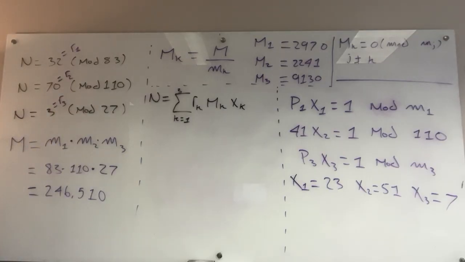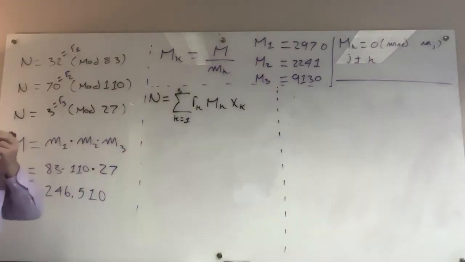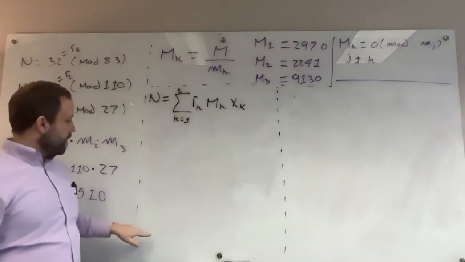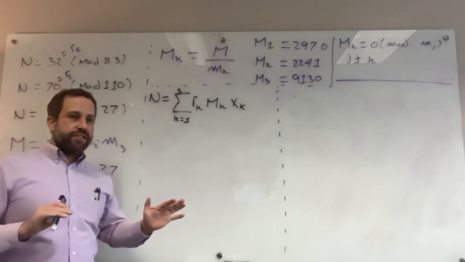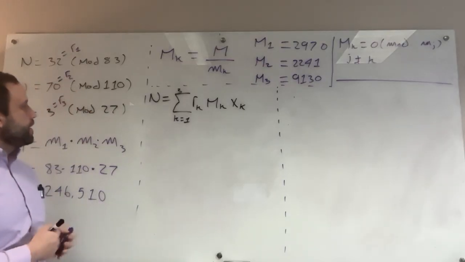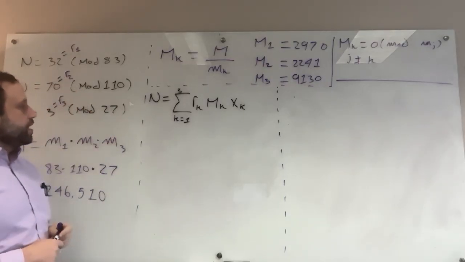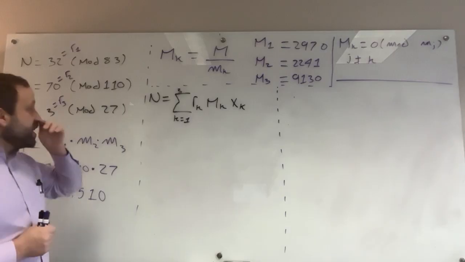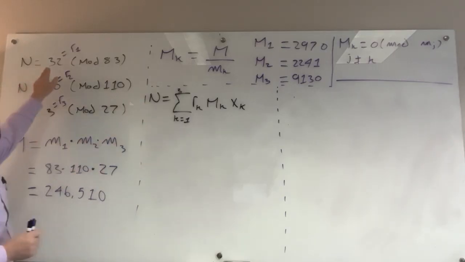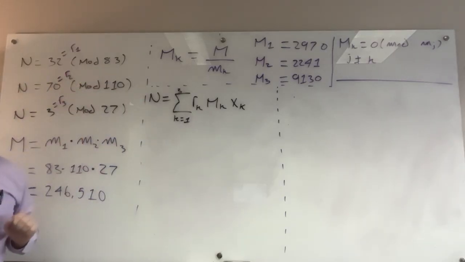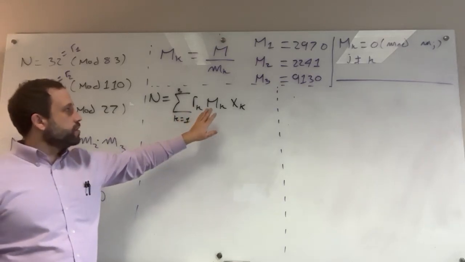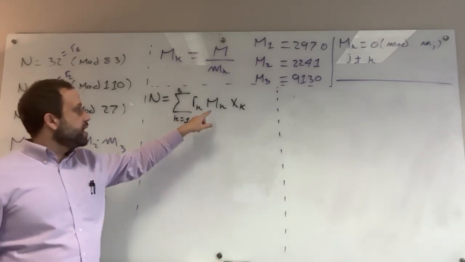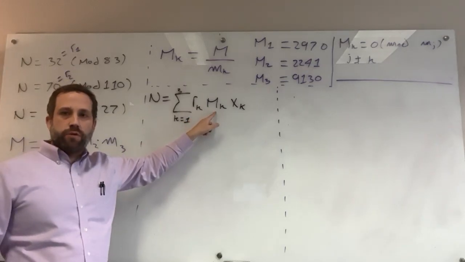Okay, now what I want to do is show that this solution satisfies this equation here. The basic way to think about this, I'm going to give a brief explanation and then one that's slightly more detailed. If I take n and reduce it mod little m1, when k is equal to 2 or 3, big M is a multiple of m2 and m3.